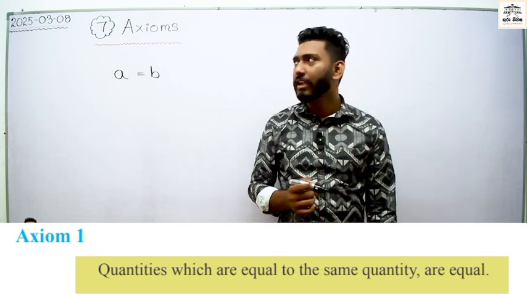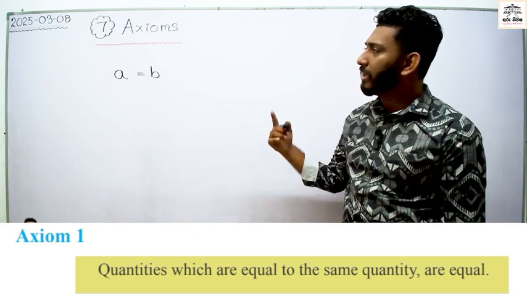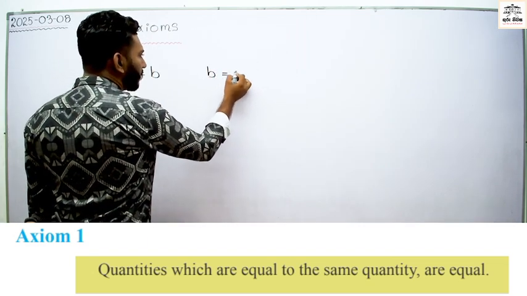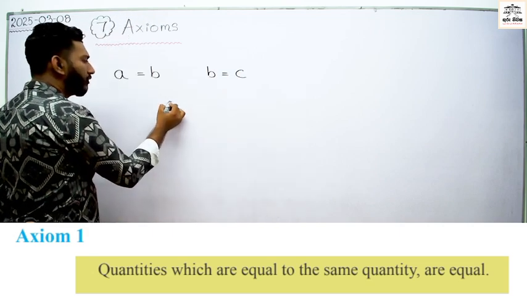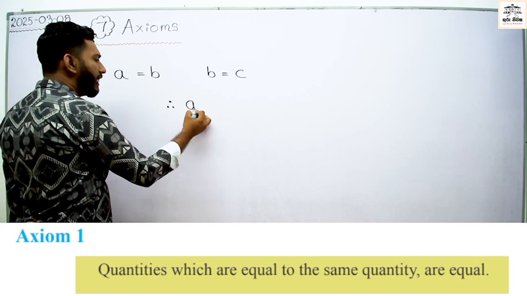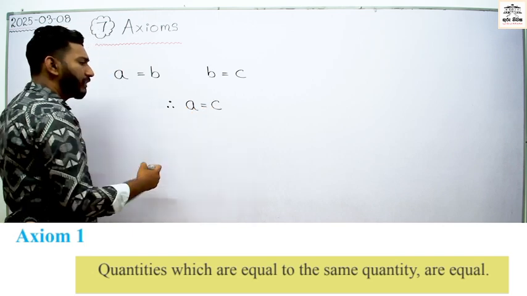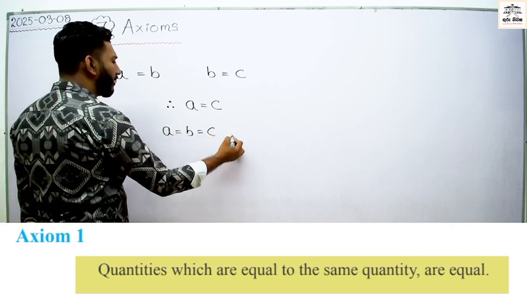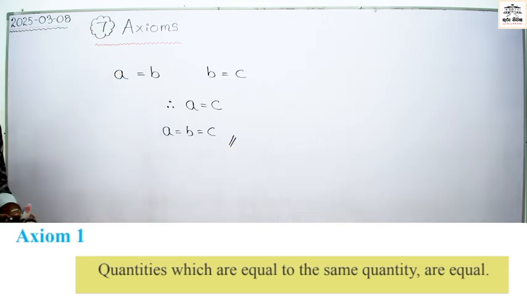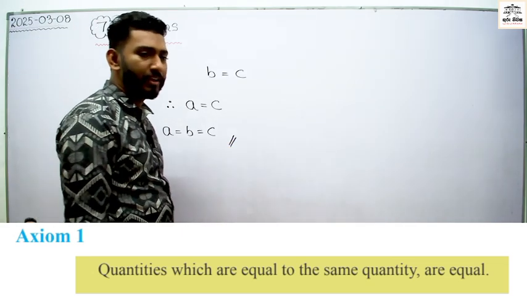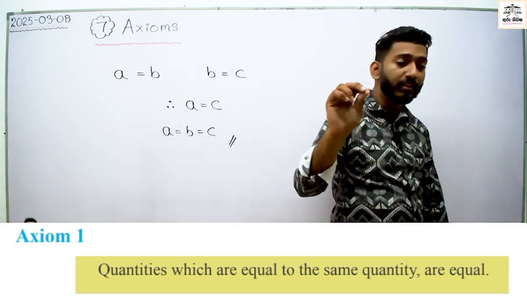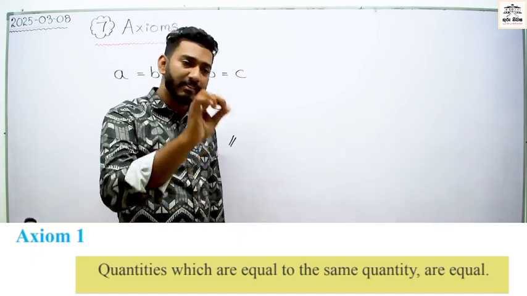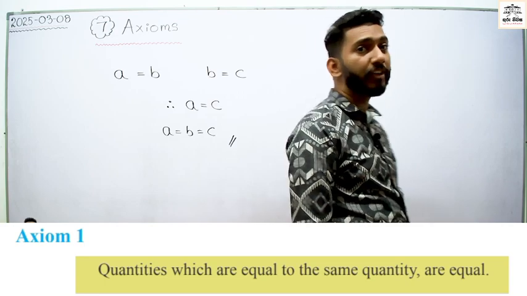A equals B, and B equals C. Therefore A equals C also. That means A equals B equals C. All are equal together, right? That's axiom number one. Quantities which are equal to the same quantity are equal to each other.